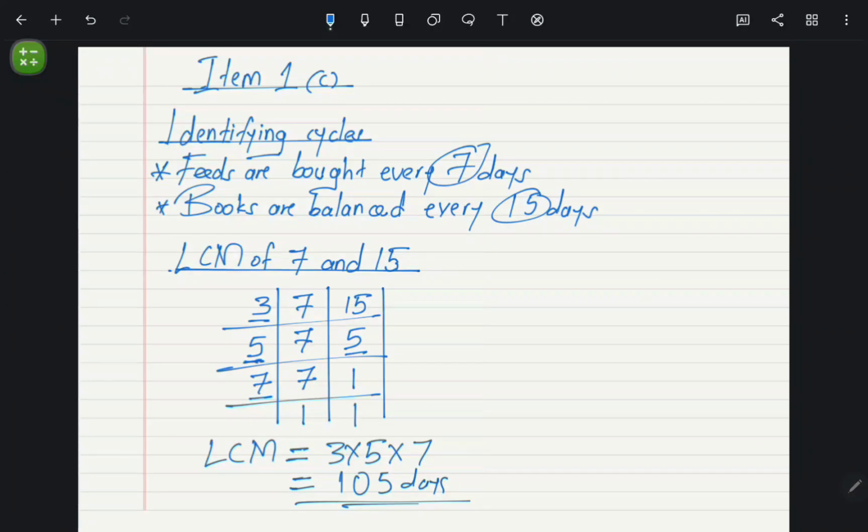That means that after figuring out the LCM as 105 days, we have to add 105 days to 1st March, because 1st March is the date on which they last bought feeds and balanced books of accounts on the same day. So what are we doing next? We are adding 105 days to 1st March.